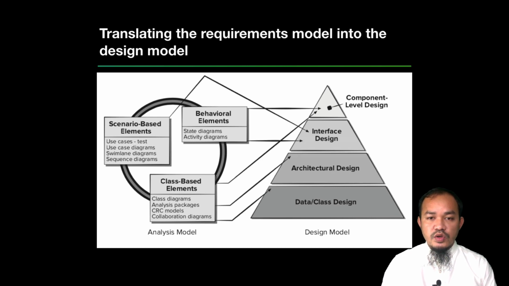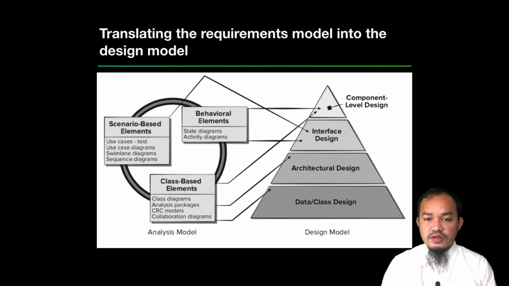If we want to do the interface design, including the component interface design and UI design, you have to look back to the use case diagram, swim lane, and sequence diagram, and use those diagrams to design the interface. If you want to design at the level of architectural design, or high level design, you can look back to the class diagram, analysis package, or collaboration diagram.